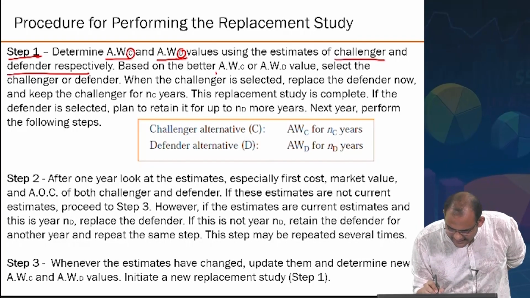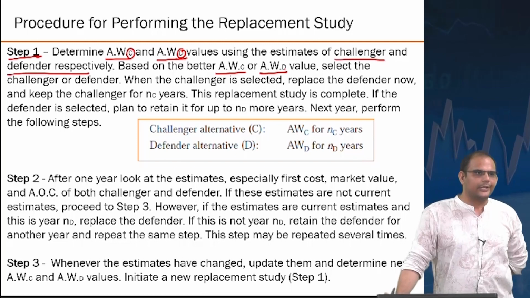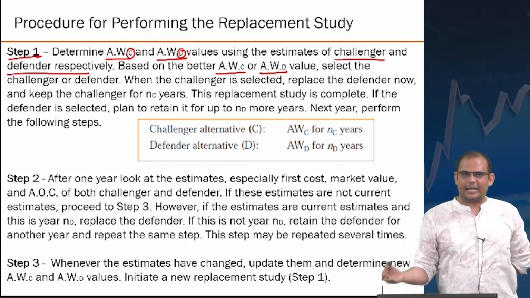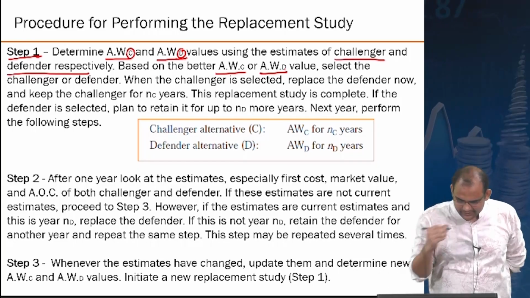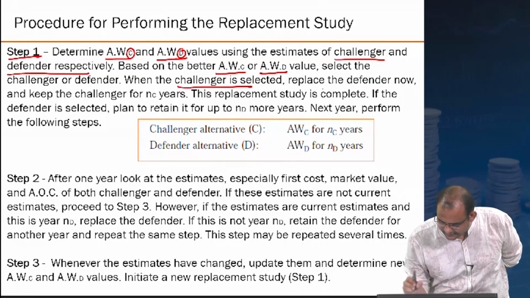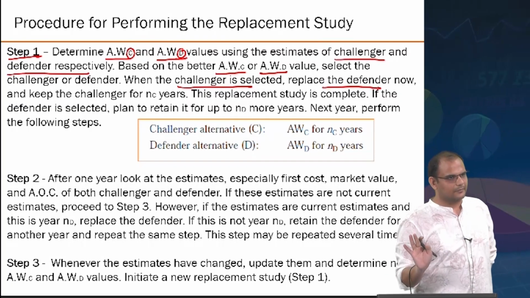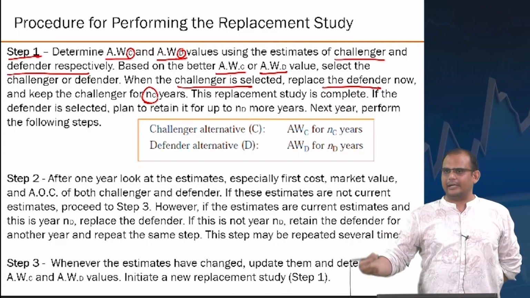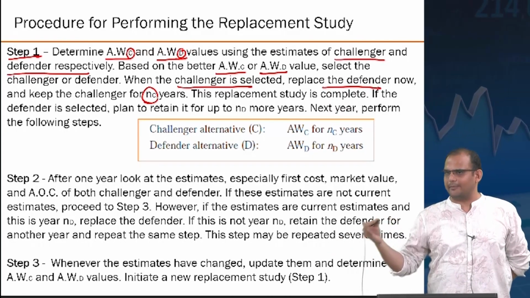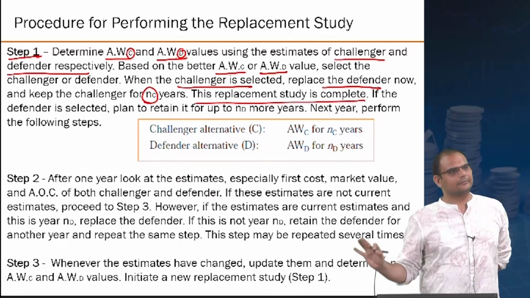Now, based on the better of the AWC and AWD values, you can select either the challenger or defender, the one with the lowest cost. When the challenger is selected, replace the defender now and keep the challenger for the next NC number of years, which is its economic service life. This replacement study is complete.